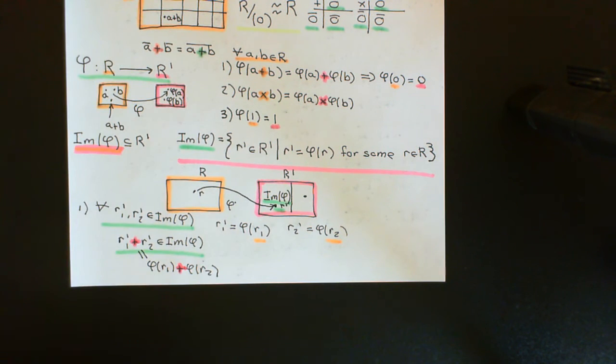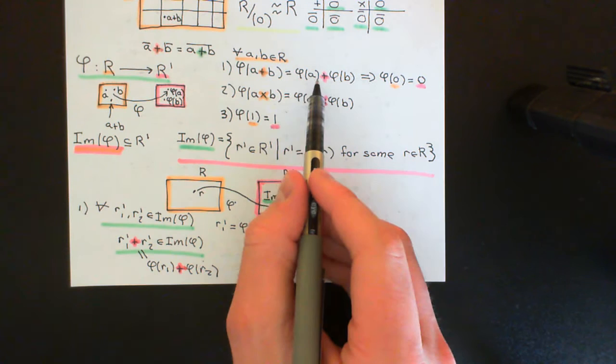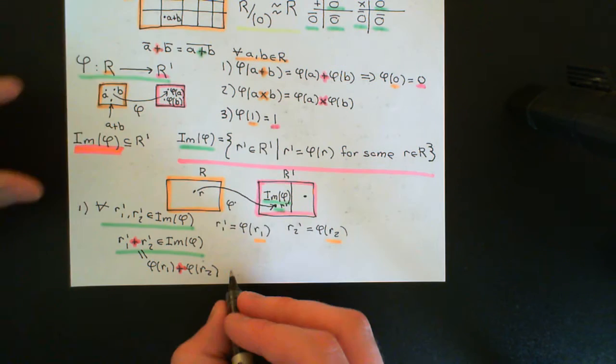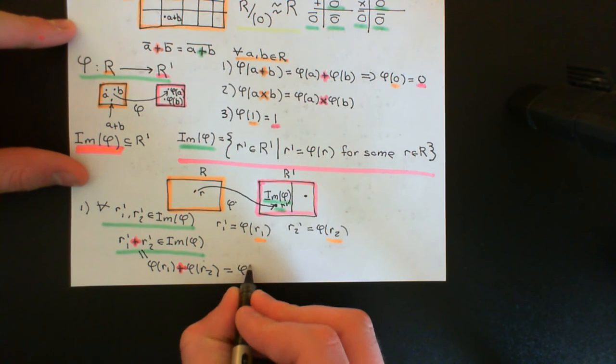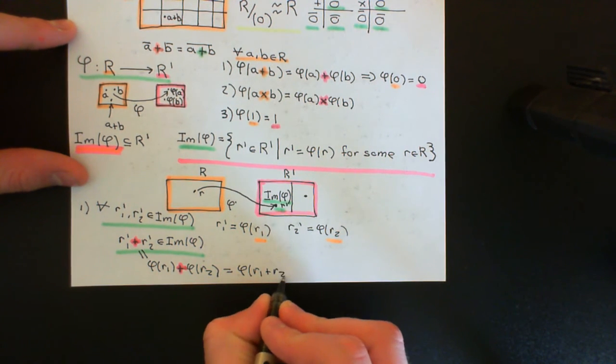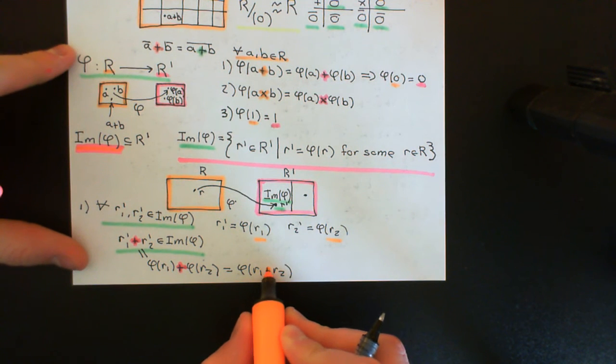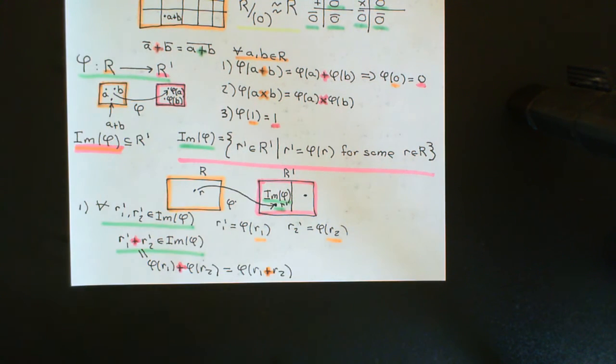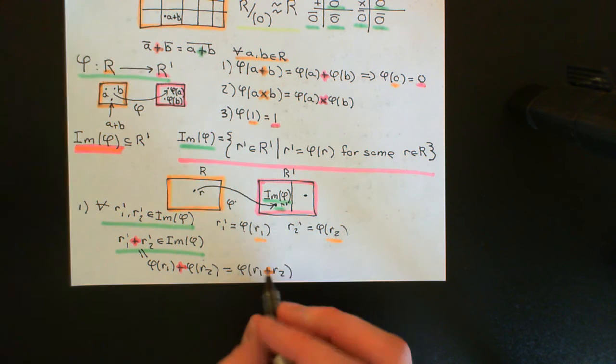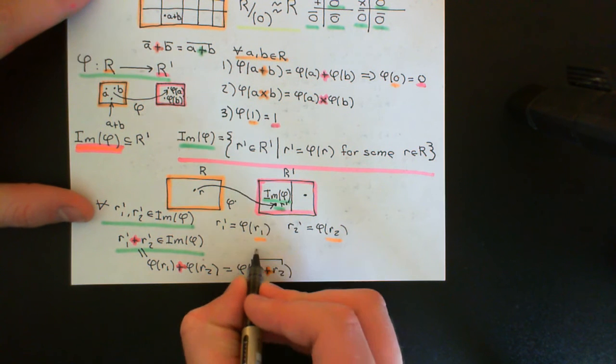But of course we can now use the compatibility of addition up here, and rewrite this like so as phi of R1 plus R2, where that addition is now addition in the domain ring, so it's in orange now. And that's exactly what we wanted to do, because I've now written R1 prime plus R2 prime as phi of R1 plus R2.